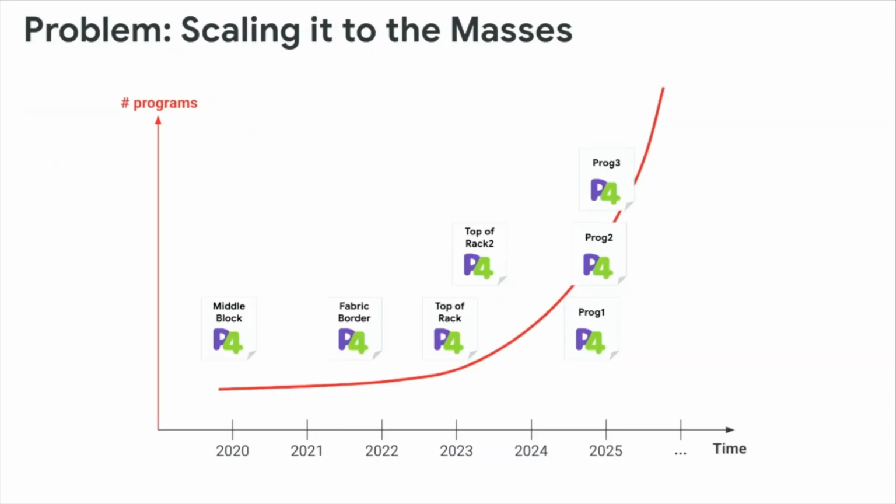So let's talk about the problem. So far, I've talked to you how things work well, but there's also some problems. The main problem that I want to talk about today is scaling this to the masses. So since this has been successful, the demand on our team has increased substantially, as you can see from this graph. So we started with a very simple role, middle block, moved on to another role, fabric border.